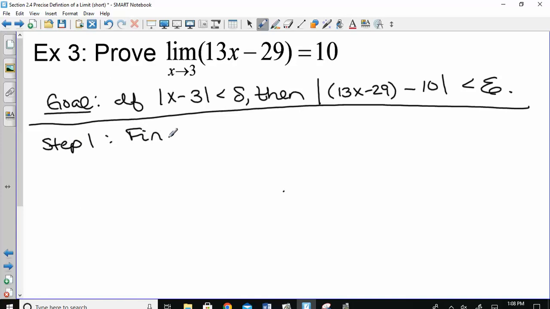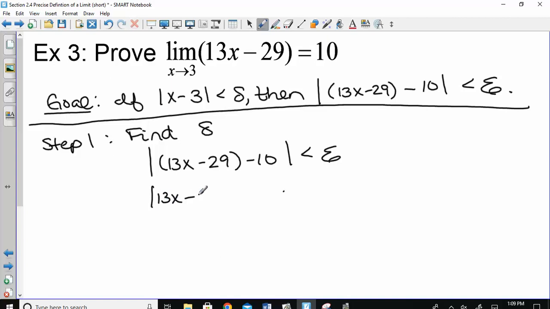So step 1 is my work. We have to find our delta. We have to figure out what works. So we're going to start with this conclusion statement. The absolute value of 13x minus 29 minus 10 is less than epsilon. What are you going to do with that? So you get the absolute value of 13x minus 39 is less than epsilon. Then what are you going to do?